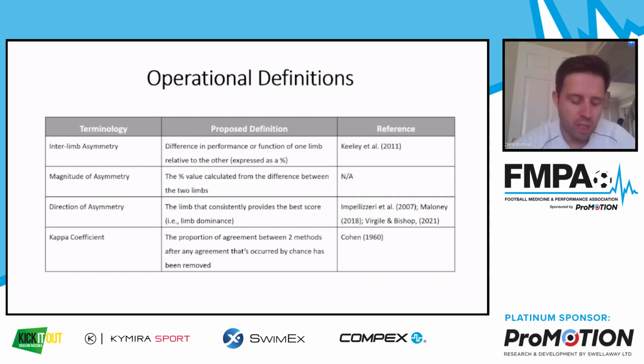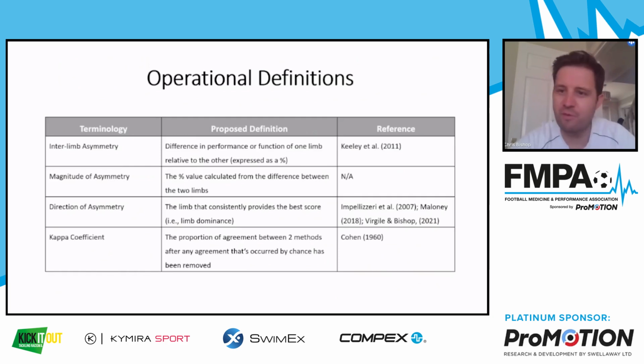And then lastly, we have something called the kappa coefficient, and this is a statistical method that looks at levels of agreement between two methods, but what it does is it removes any occurrence by chance that might be there.